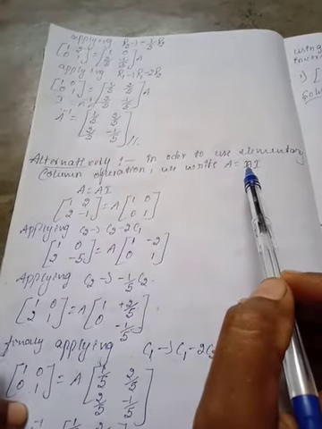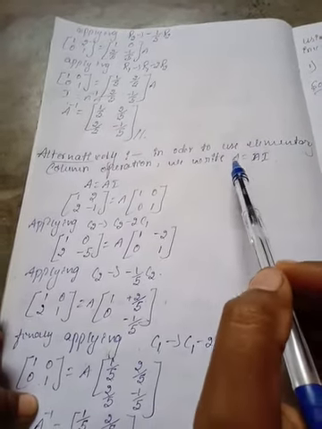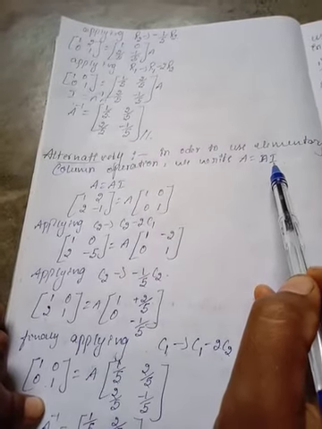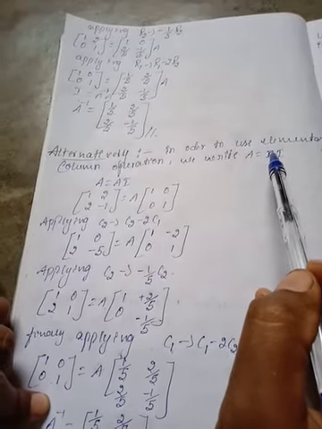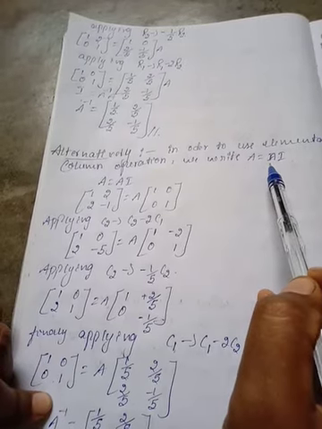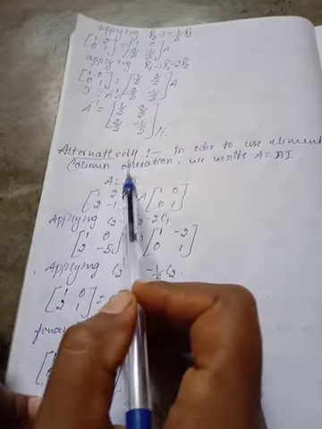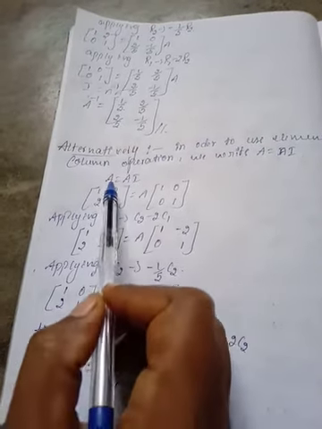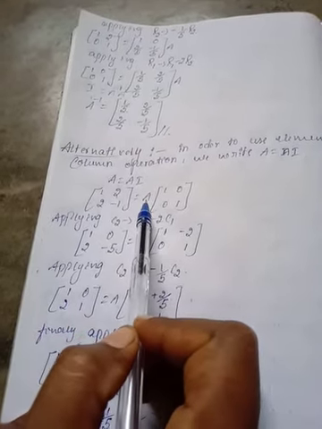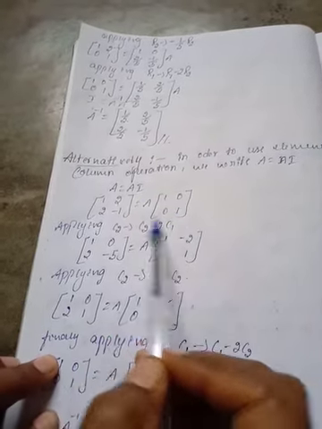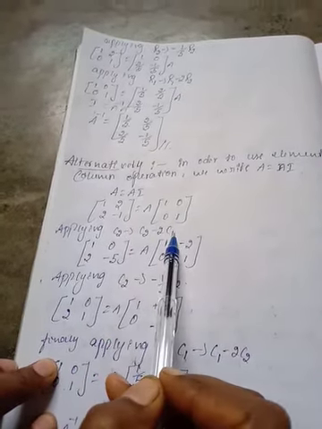Because if you operate column-wise, that is A = AB, then B is the inverse of A. So if we operate column-wise, the condition is A = A into I. Write the A matrix as it is, the I matrix, and again A as it is. Take the identity matrix here.